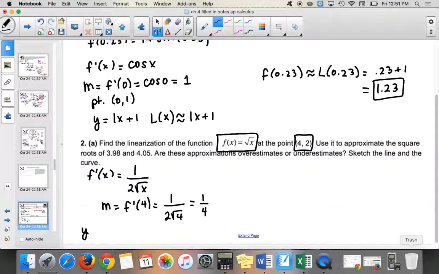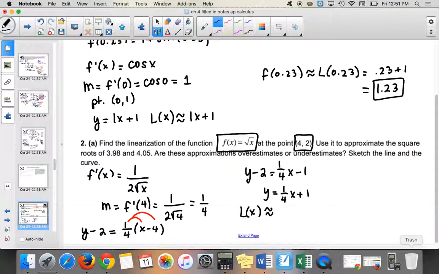So I do y minus 2 equals m, which is 1/4, times x minus 4. And I distribute. So I get y minus 2 equals 1/4 x minus 1. So I get y equals 1/4 x plus 1. That is what we call the linear approximation, L of x.